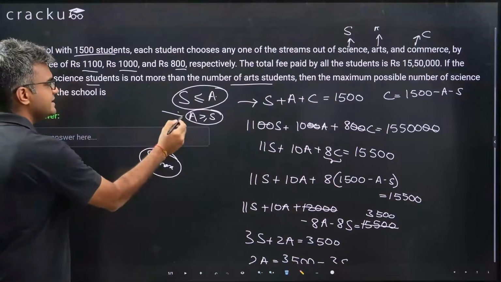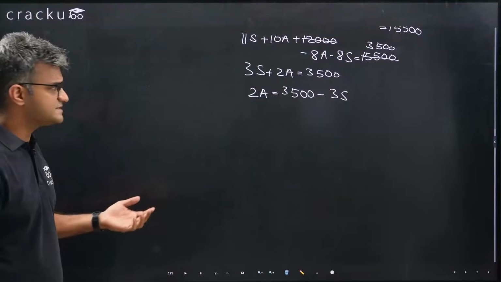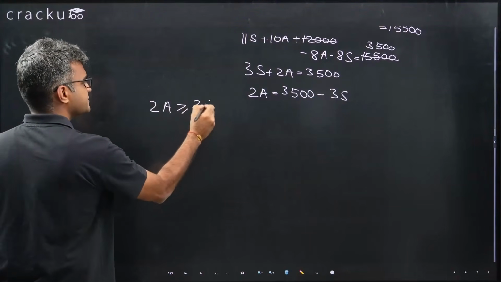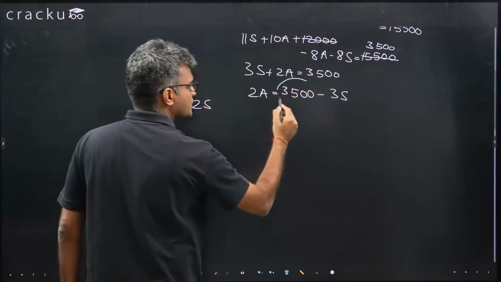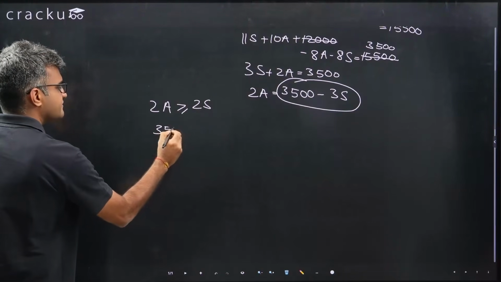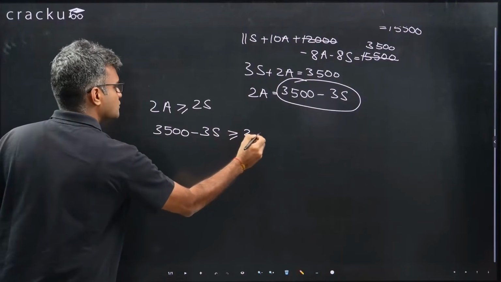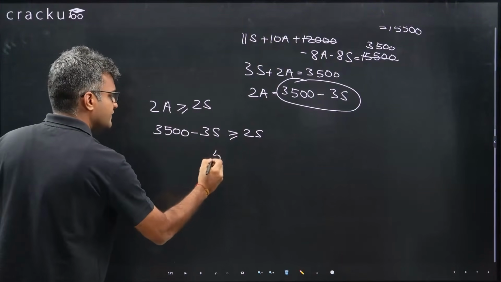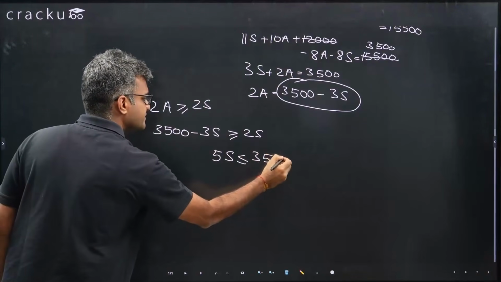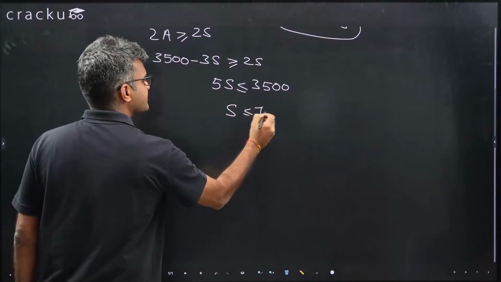We know that A is greater than or equal to S. If A is greater than or equal to S, 2A will be greater than or equal to 2S. But what is the value of 2A? 2A is 3,500 minus 3S. So 3,500 minus 3S is greater than or equal to 2S. Or the value of 5S is less than or equal to 3,500. So the value of S is less than or equal to 700.